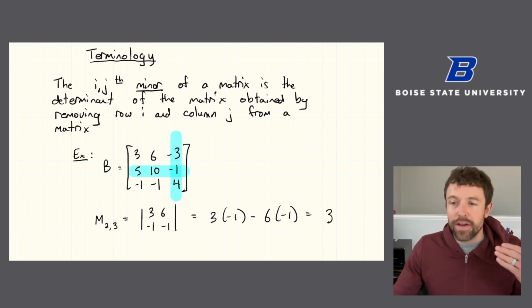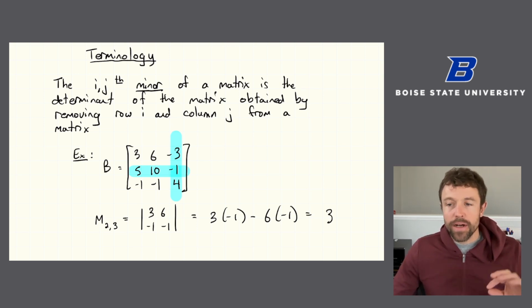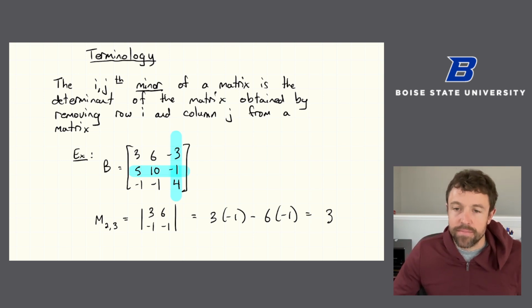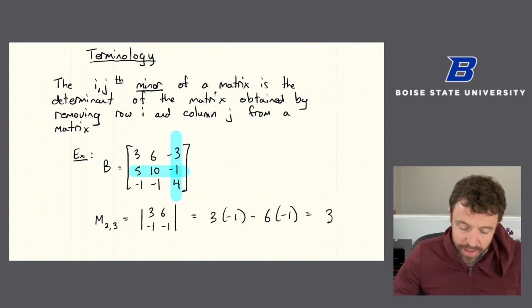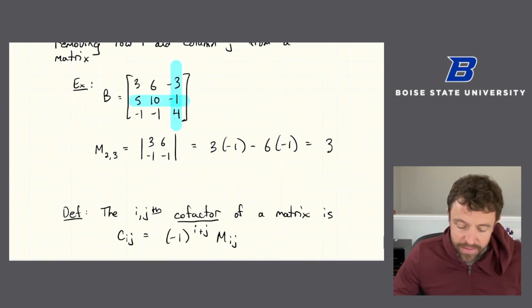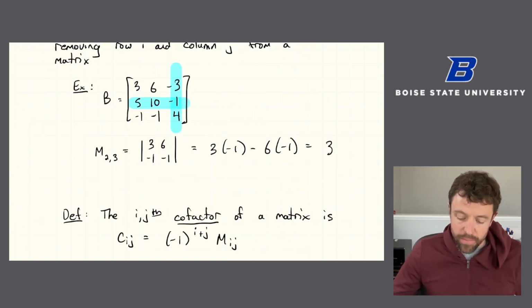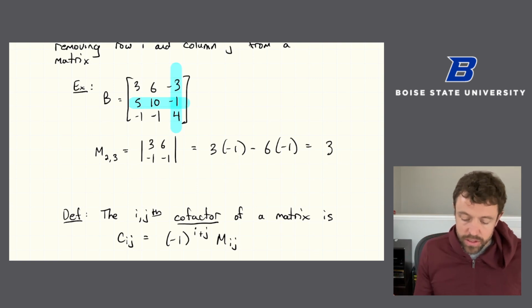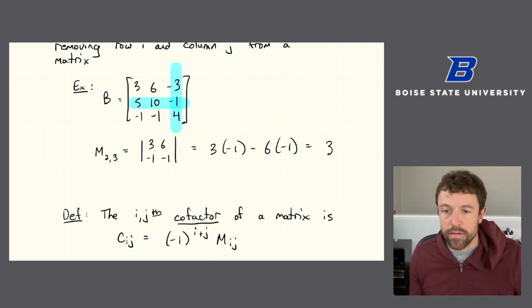I want to have another term related to this. We're building this up slowly. I'm going to want to incorporate pluses and minuses in order to apply this formula iteratively. And we have this idea of the ijth cofactor of a matrix, which is similar to the minor, but we also multiply by -1, or maybe we don't.